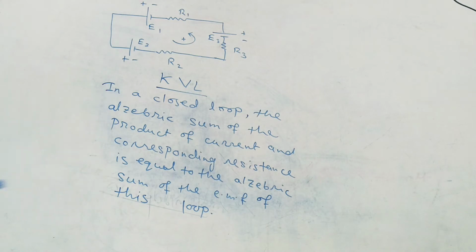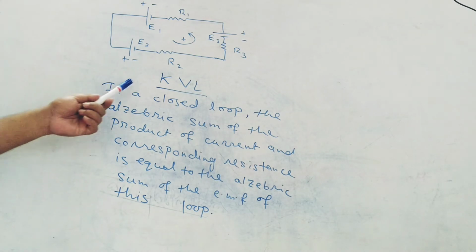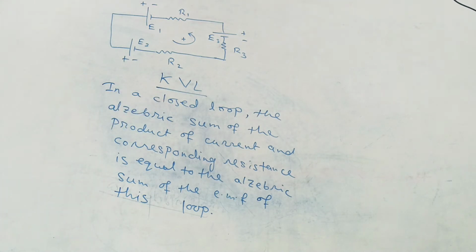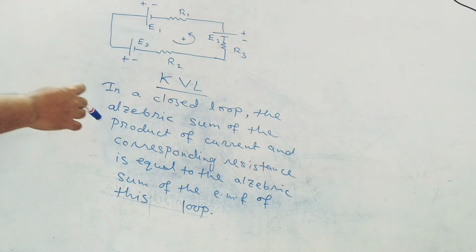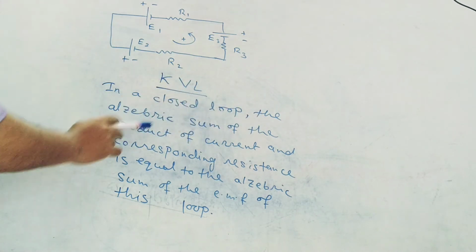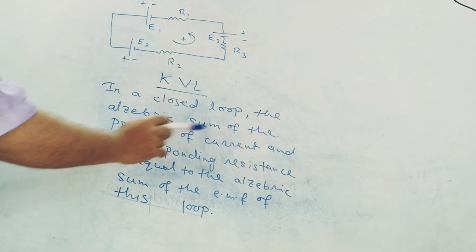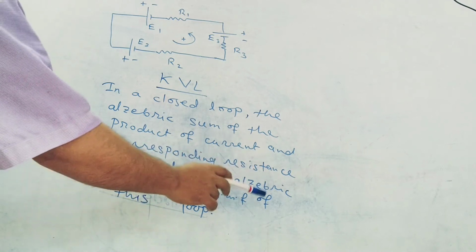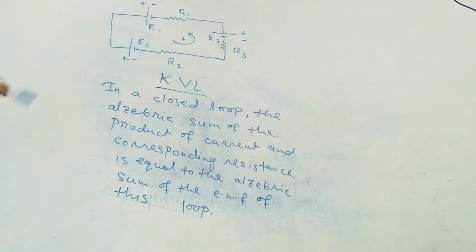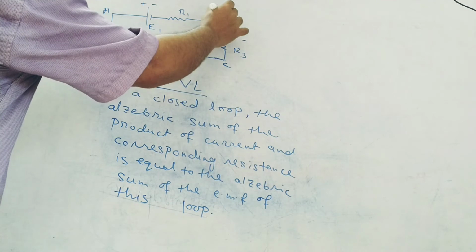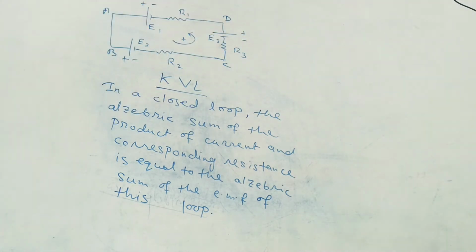The second law of Kirchhoff, that is KVL, Kirchhoff's voltage law, states that in a closed loop, the algebraic sum of the product of current and corresponding resistance is equal to the algebraic sum of the EMF of this loop. We can consider this closed loop ABCD.